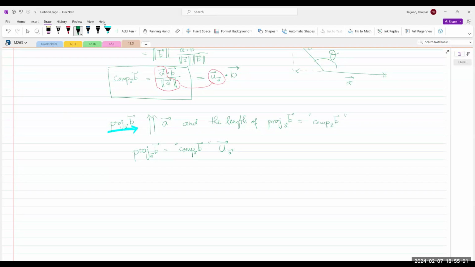Okay, this unit vector of A gives us the direction. Now the length is 1. Then how do we adjust the length? We get the length from here. This gives the length.